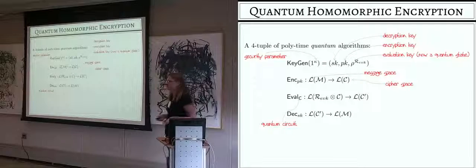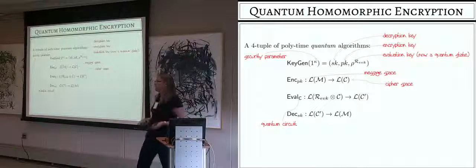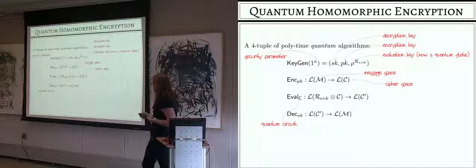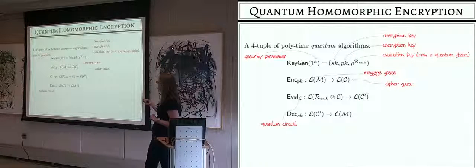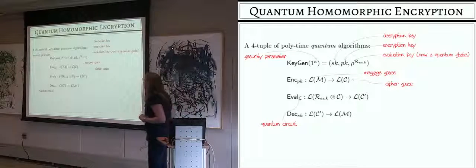So the quantum version is similar. We're going to have a 4-tuple of polynomial time quantum algorithms, and the key generation outputs 3 keys, and we're going to allow the evaluation key to be a quantum state. We could also have allowed these other keys to be quantum states, but we don't need that, so we'll just suppose that they're classical.